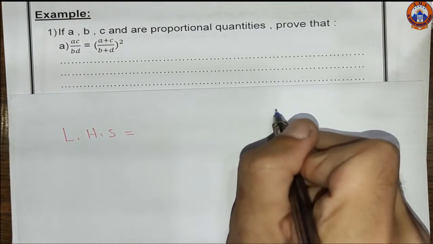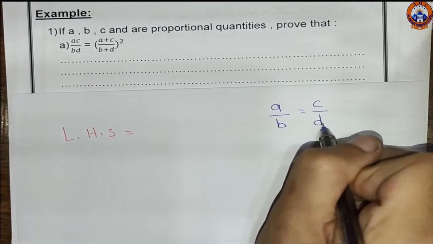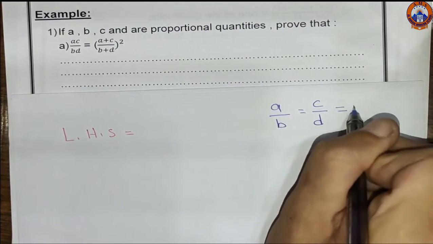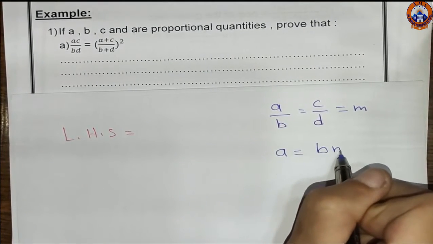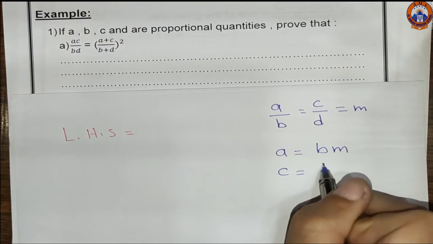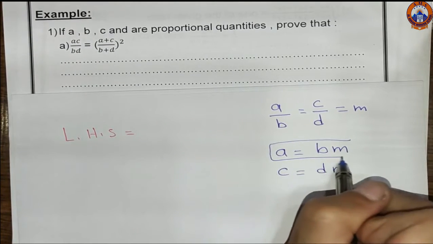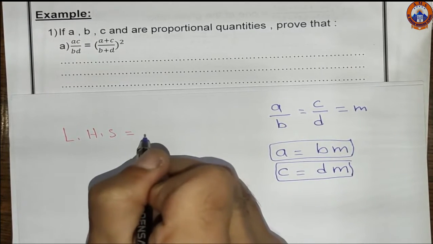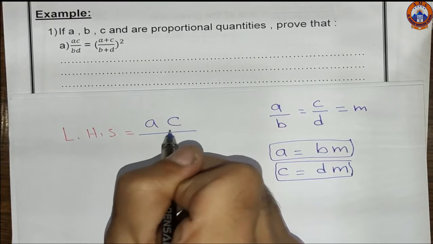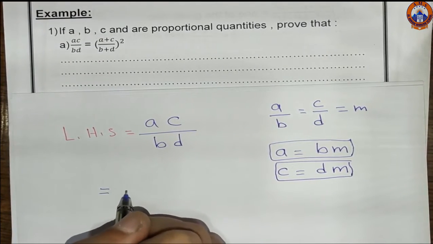If A over B equals C over D, and they are proportions, so both of them equal M. So A equals BM and C equals DM. So we're going to substitute A with BM and C with DM. We have AC over BD, and this is the left hand side.